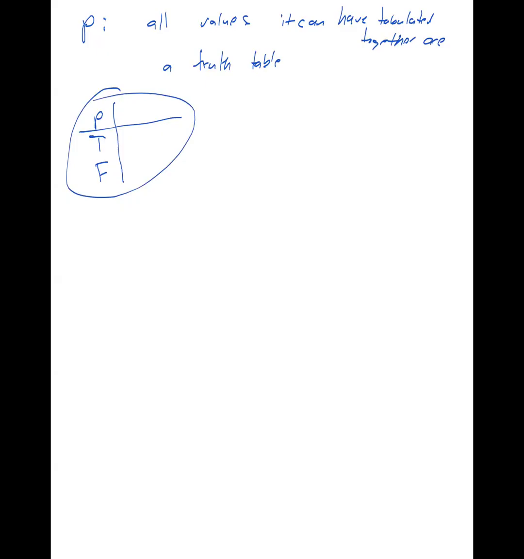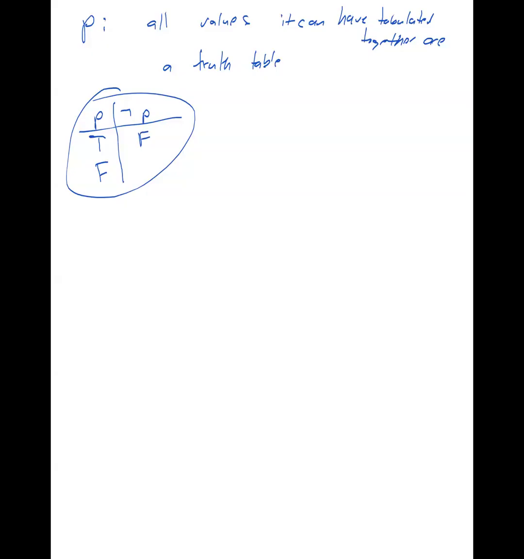Let's see if we can get a little bit more complicated though. So what's the first logical operator we could apply to P? It would be not P, right? So if we apply the logical operator not to P, what's the opposite of true? What is not true equal to? False, correct. And what is not false equal to?